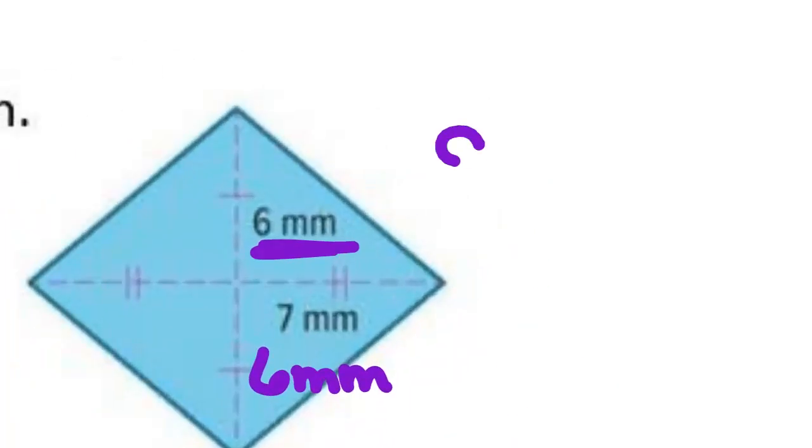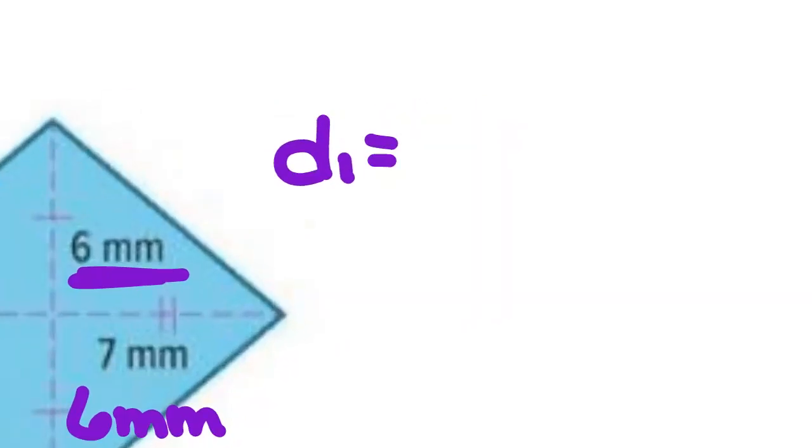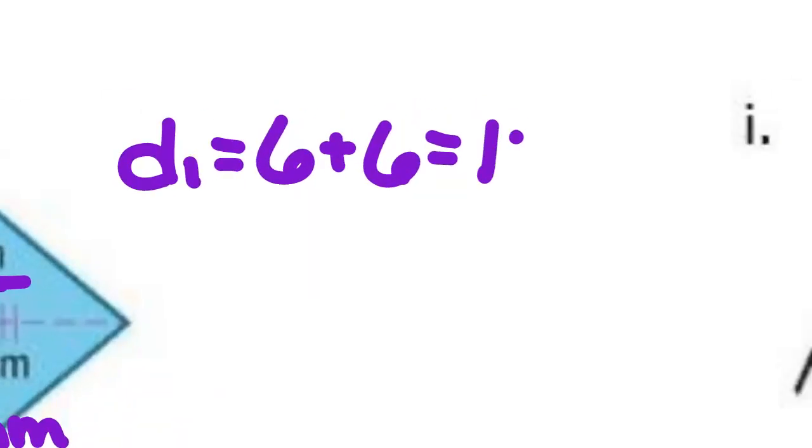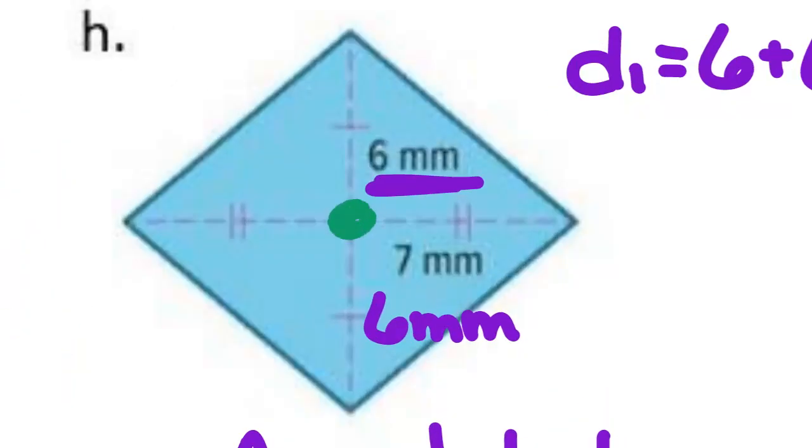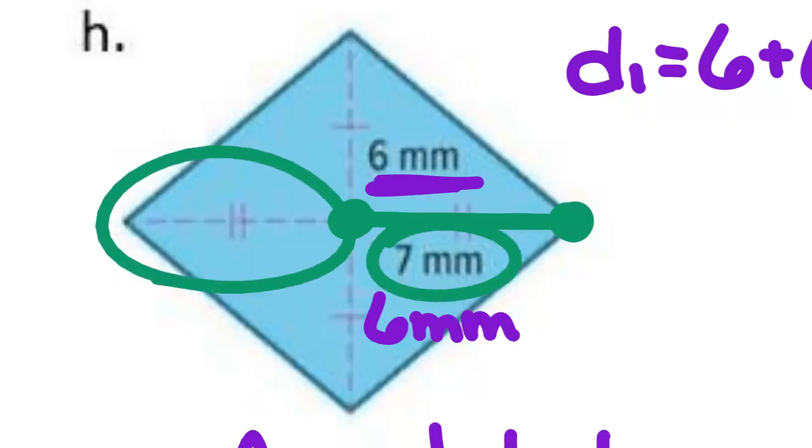So diagonal 1 would be 6 plus 6, or 12 millimeters. What about diagonal 2? We have from the center over to the right corner is 7 millimeters. So how big is this section here?